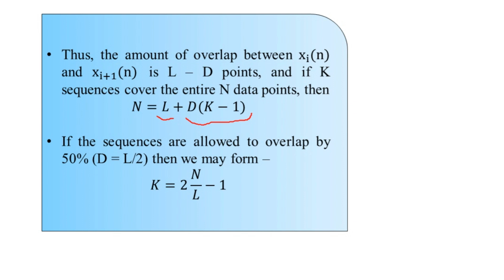These many sections of length L are obtained, and maintaining the same resolution as Bartlett's method doubles the number of modified periodograms that are averaged. This results in a reduced variance.